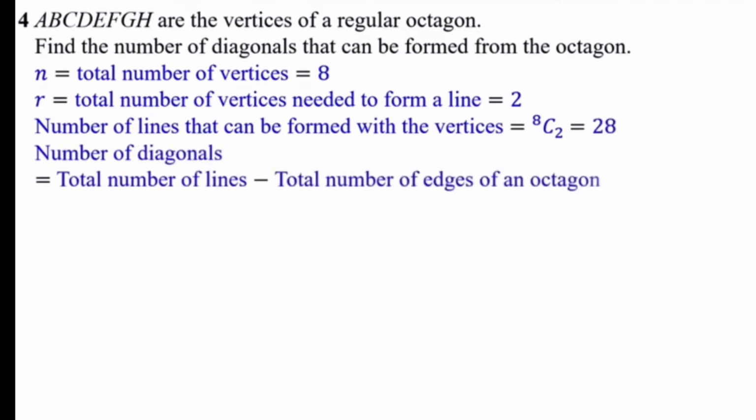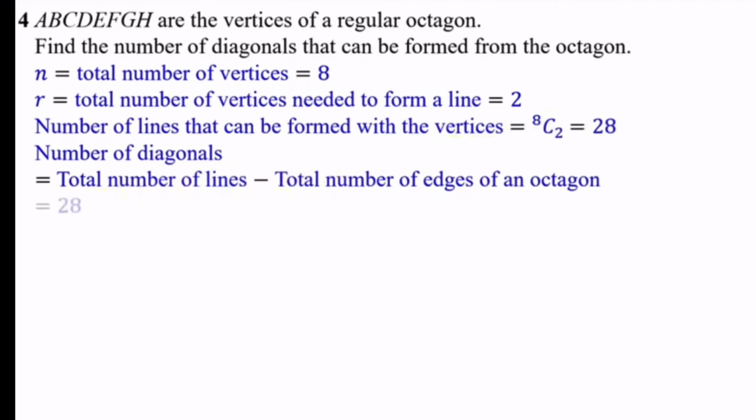So we have to use the total number of lines minus the total number of edges of an octagon. So how to find the edges? You should know the octagon, how many edges. So we will take 8C2, which is the total number of lines, which is 28, minus the edges of the octagon.